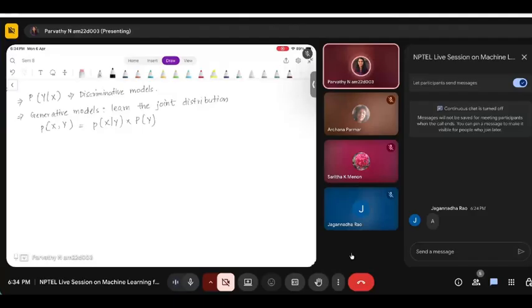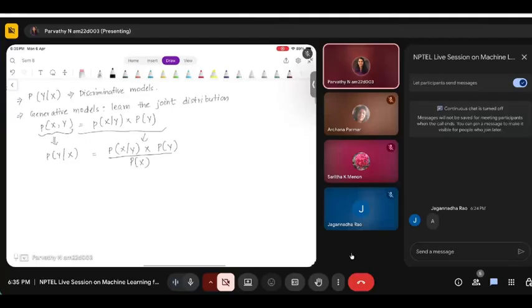A generative model that knows P of x comma y, the joint distribution, can recover P of y given x, which is P of x given y times P of y divided by P of x. So if we know the joint distribution, then we can learn the conditional probability.